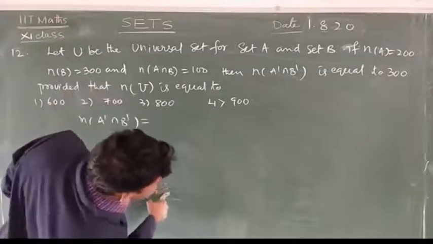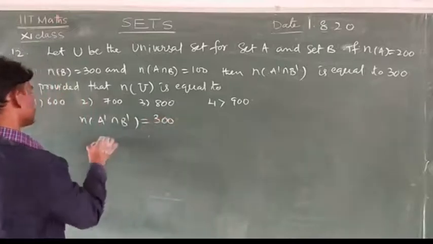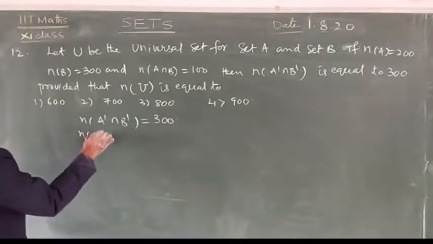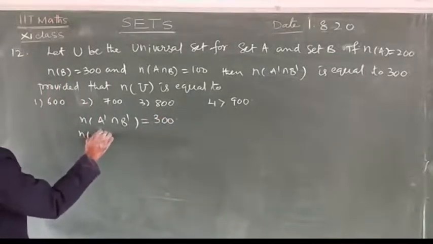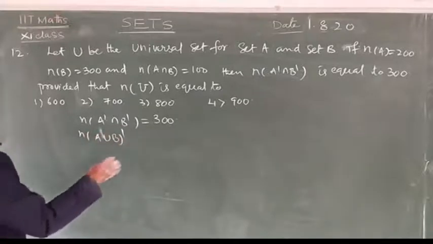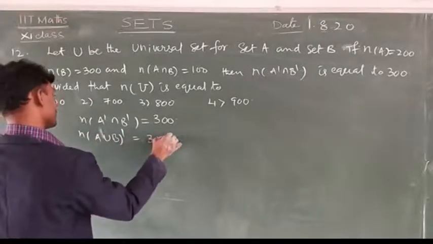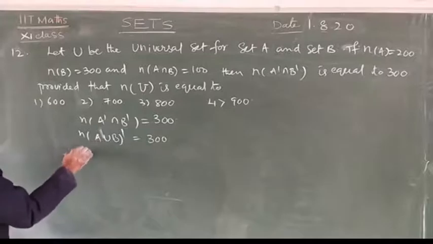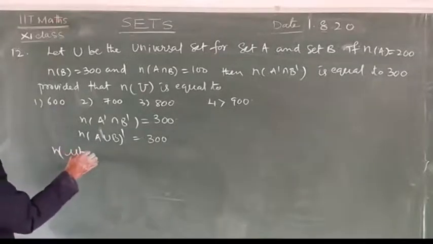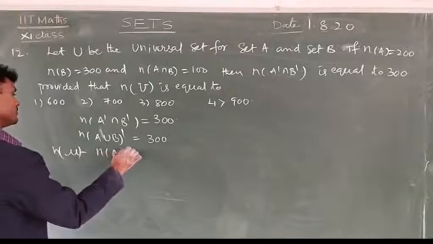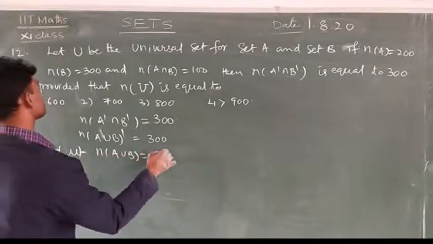It is equal to 300. Now this is rewritten as n of A union B whole dash is equal to 300. Now this is written as n of mu minus n of A union B is equal to 300.